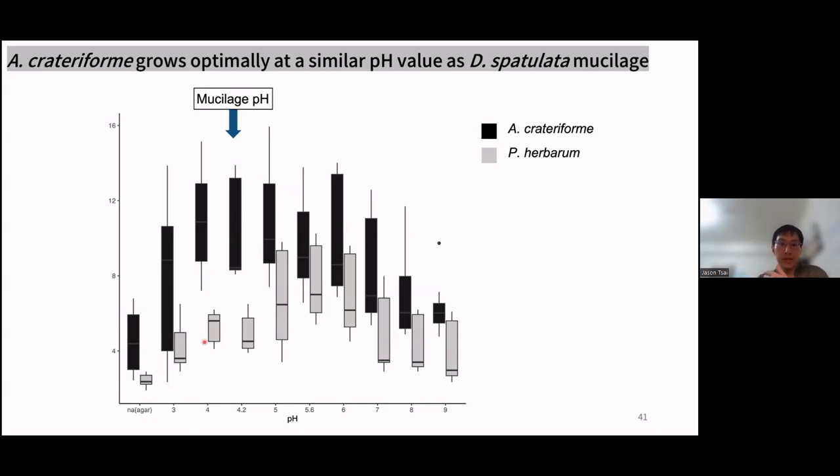Comparatively, a different fungus, Phoma herbarum, which we also isolated as a major taxon from the surrounding environment, prefers more neutral pH and did not grow well under acidic conditions. This highlights the acidophilic nature of Aquodontium, perfectly adapted to the extreme environment of Drosera mucilage.